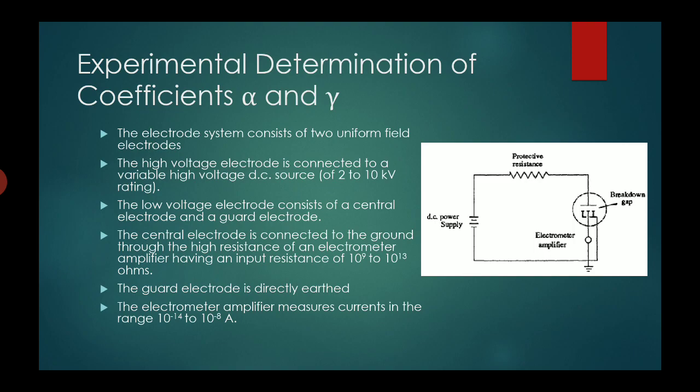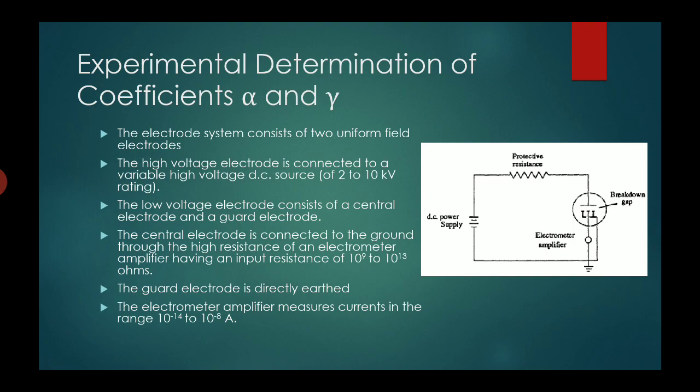Okay, it also has this guard electrode. This guard electrode is directly earthed in case of any total fault. It is basically a safety device, so it is directly earthed in case of very high current to protect this electrometer.